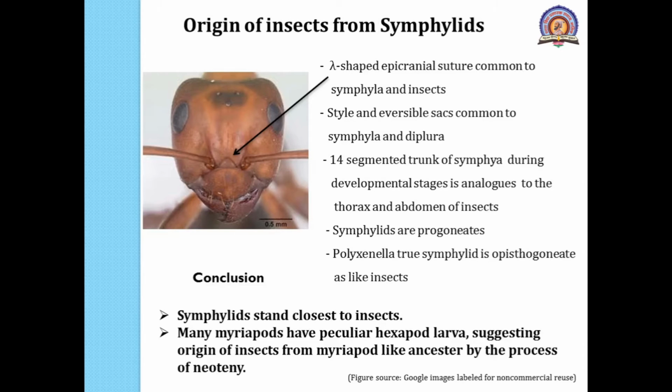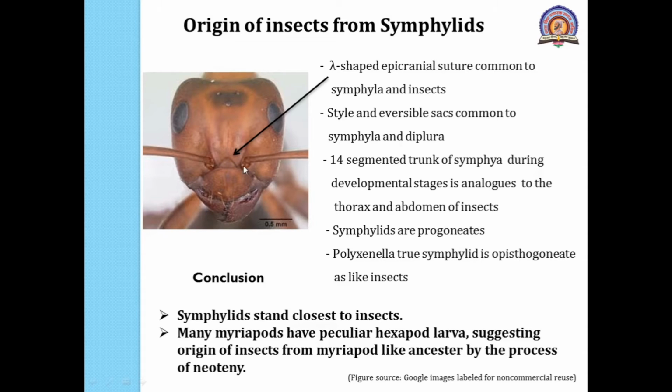Looking at the closeness of the symphylids to the insects, we find that the inverted Y-shaped epicranial suture, also referred to as the ecdysial suture, is common to many Symphyla as well as insects. Here in this diagram you can see the inverted Y-shaped epicranial suture.